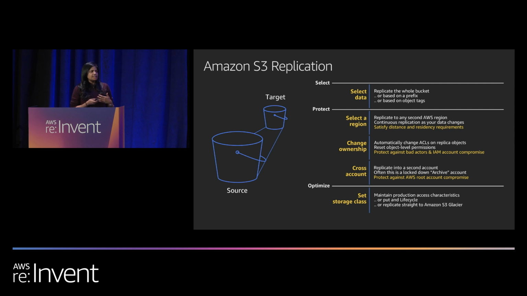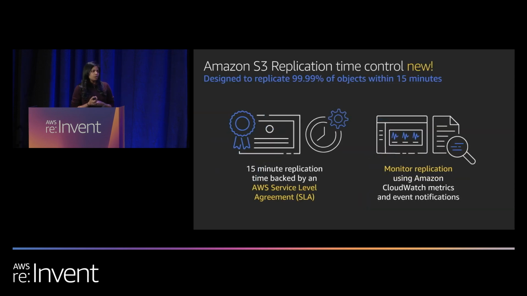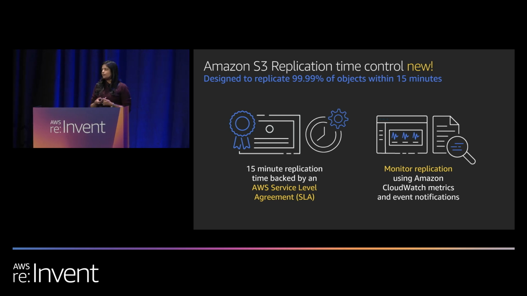Replication begins as soon as you upload an object to S3 that is covered by a replication policy. Customers are often interested in the time it takes to finish replication, which can be influenced by the number of objects and the size of objects you're replicating. So for critical workloads where you need additional control and visibility over replication time, we recently announced the S3 replication time control feature.